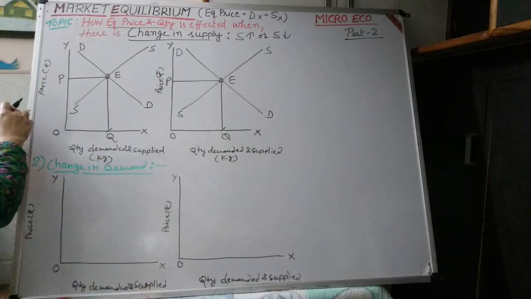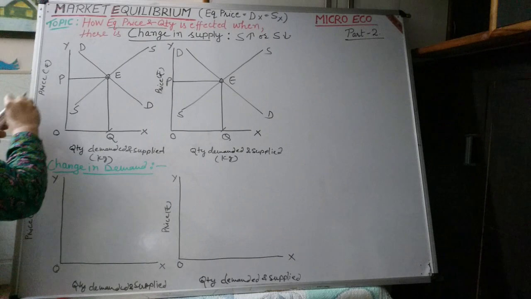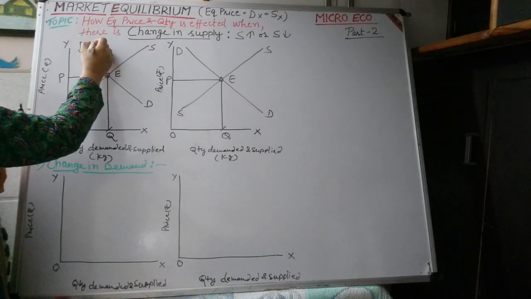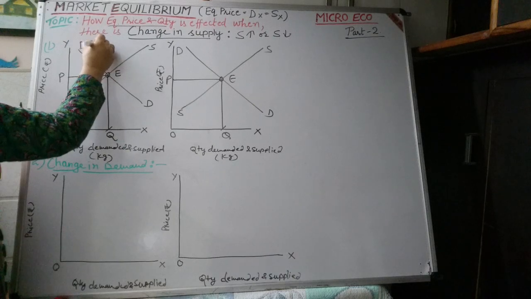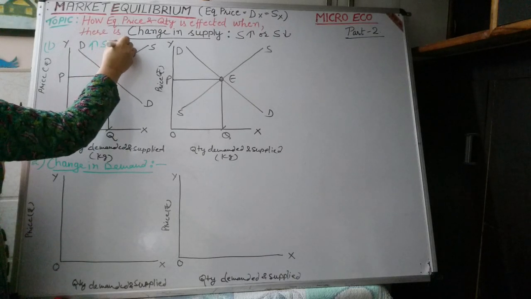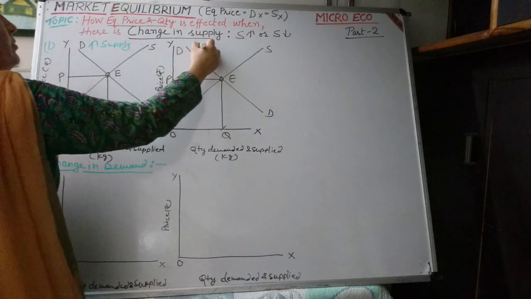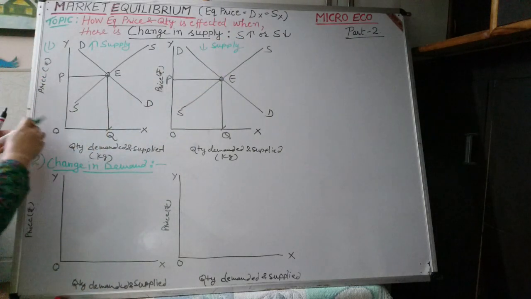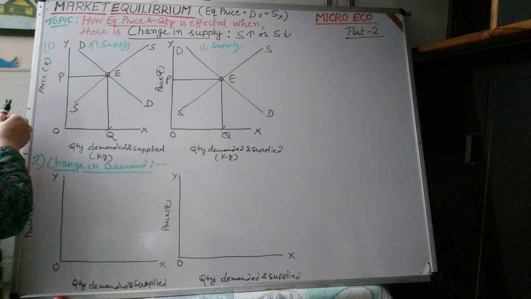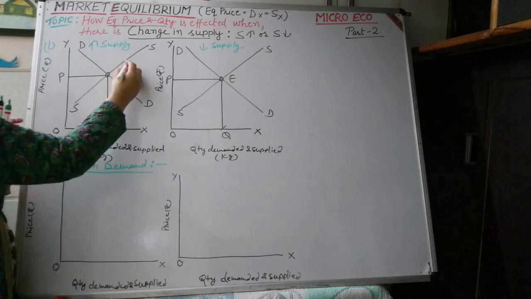Now in this first diagram we have to clear change in supply. First diagram indicates increase in supply and second diagram decrease in supply. So let us see what will be the effect of increase in supply.